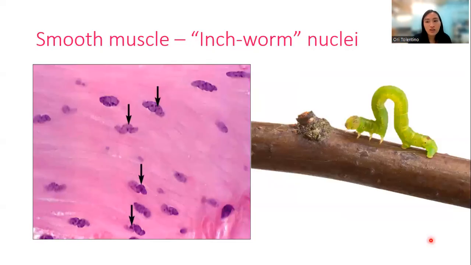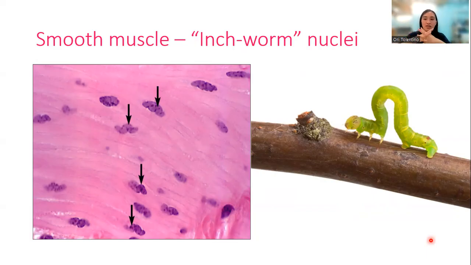A unique feature of your smooth muscle is the presence of the inchworm nucleus. This appearance is caused by the crisscrossing of the myofilaments in the cytoplasm, deforming the nucleus during contraction. Like I said earlier, the myofilaments of your smooth muscle cells are not organized in a straight or parallel pattern like your skeletal muscle.